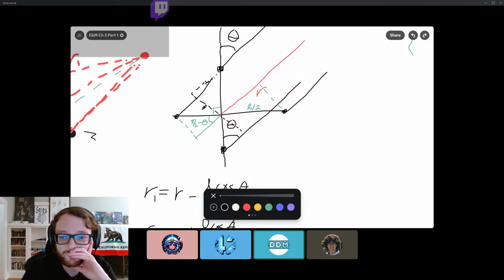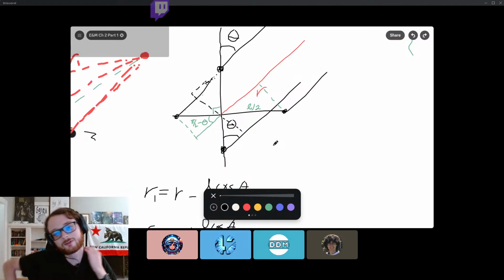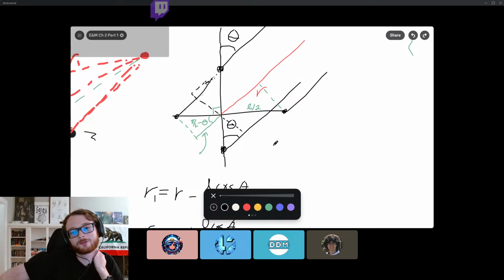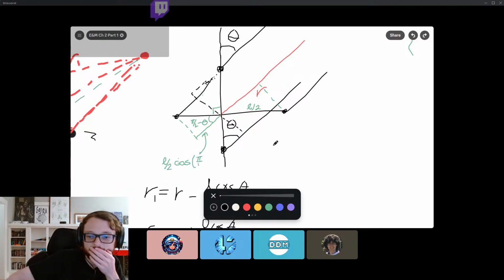Yeah, we can get the length of the hypotenuse and just add it to R? Or maybe, I think you're going somewhere else with this. Am I doing that right?